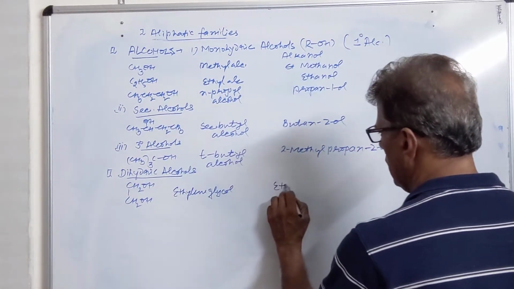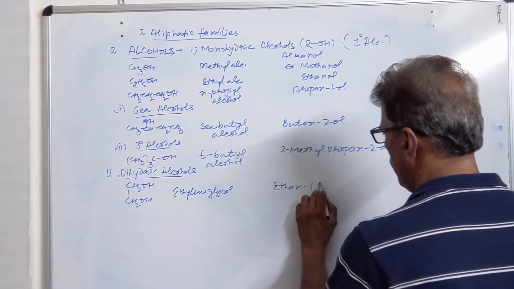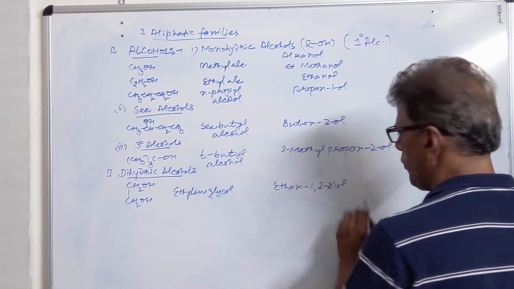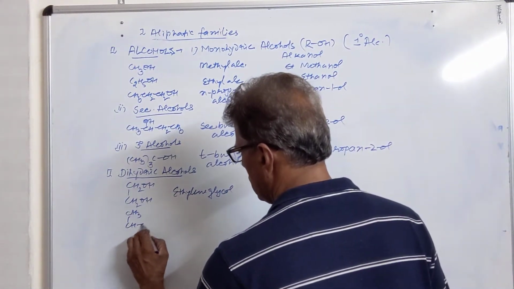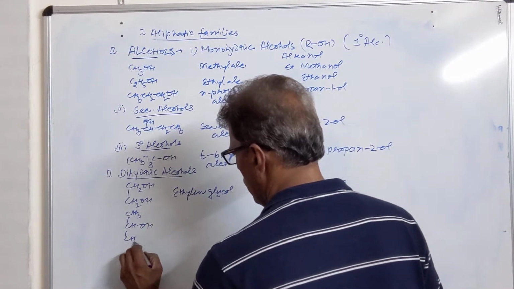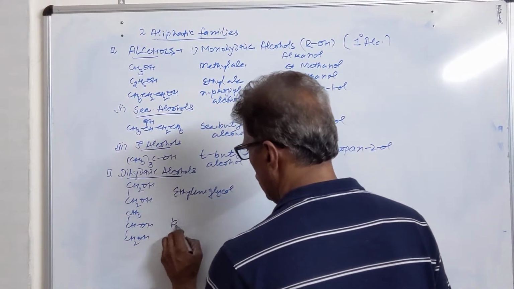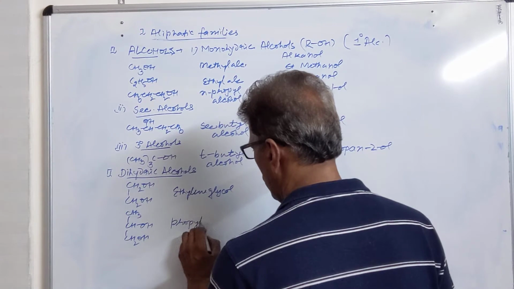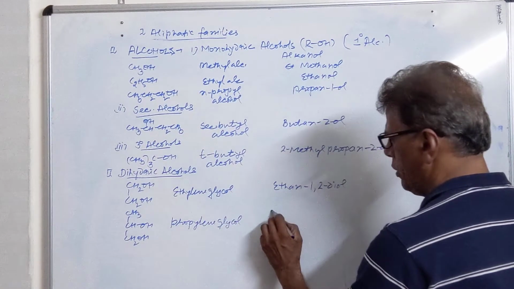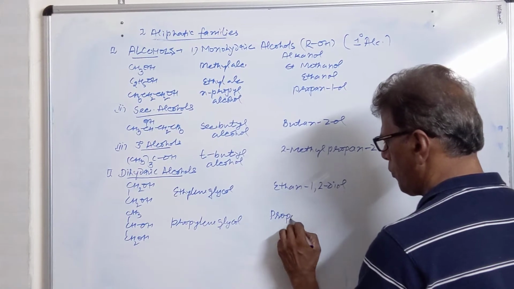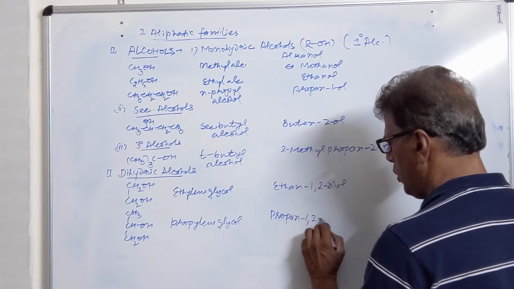IUPAC system is ethane-1,2-diol. Then we have another system, a 3-carbon system having 2 OH groups. This is propylene glycol. IUPAC name propane-1,2-diol.